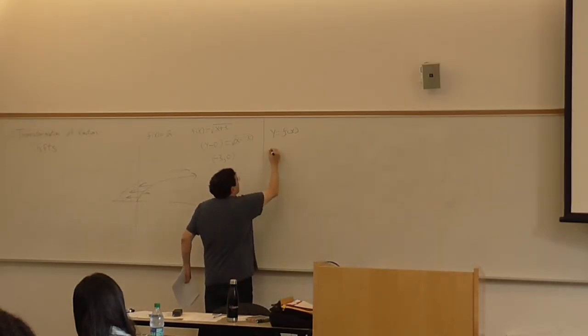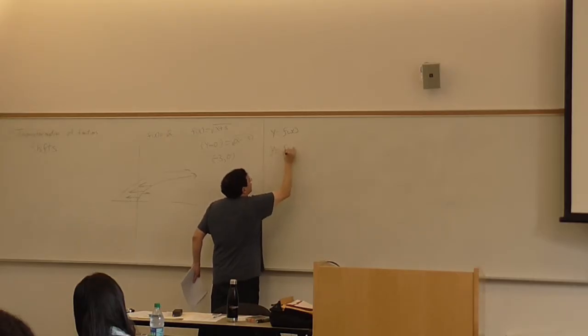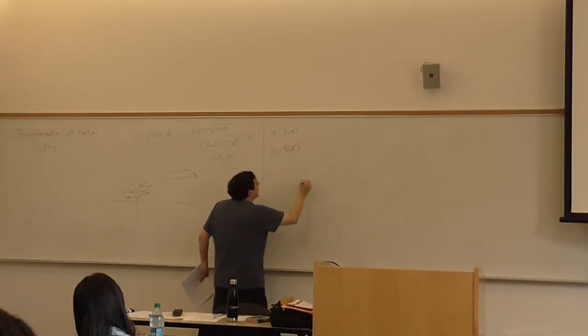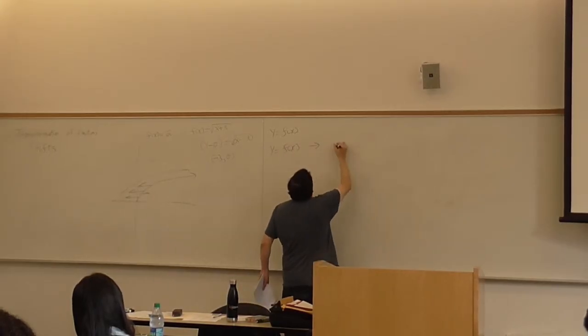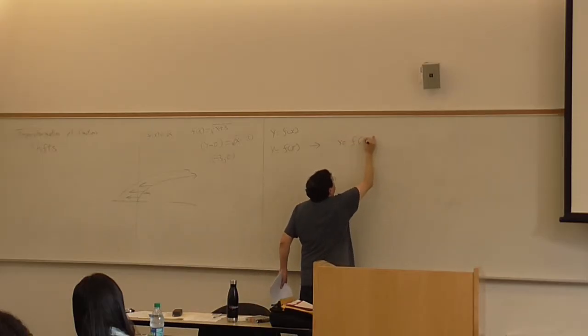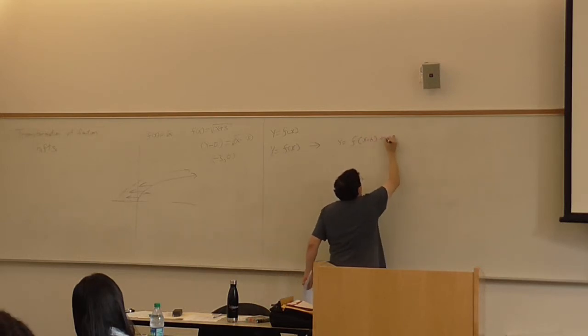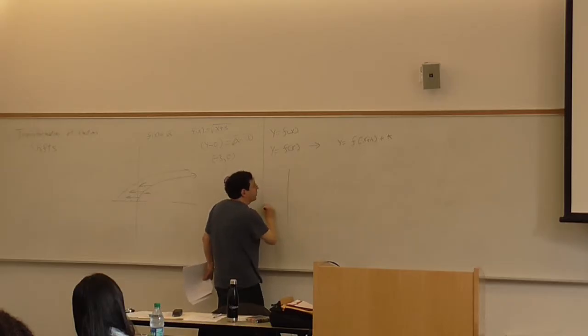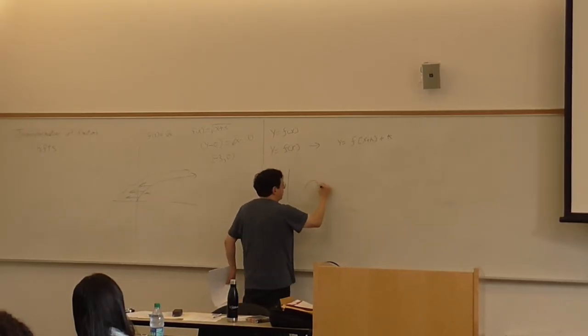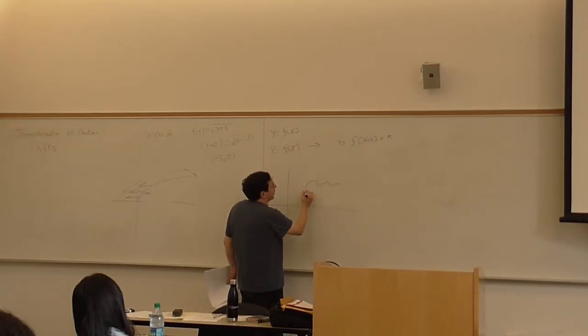To summarize, we have some function y equals f of x. We transform this to y equals f of x minus h plus k. So my function is going to move up k.